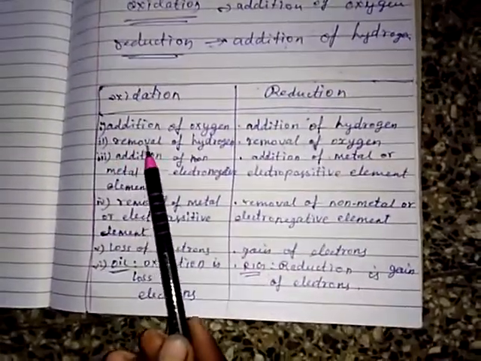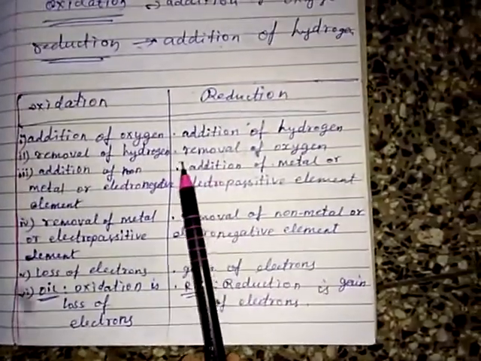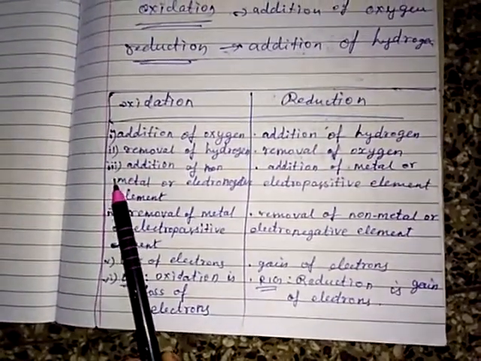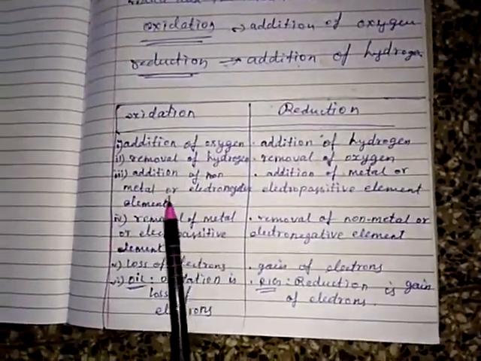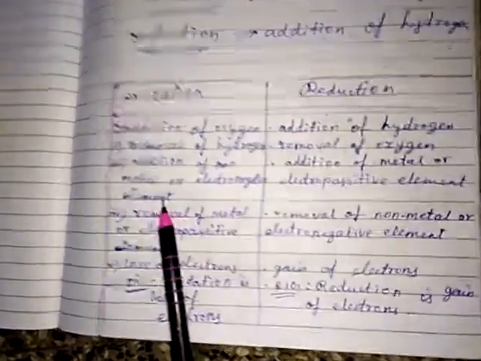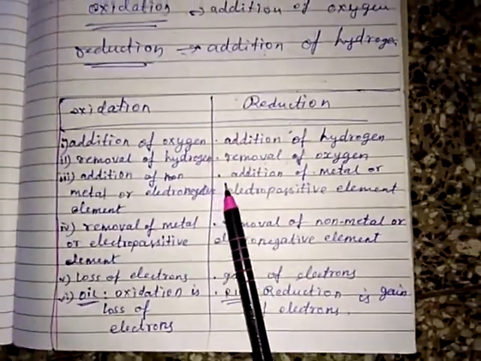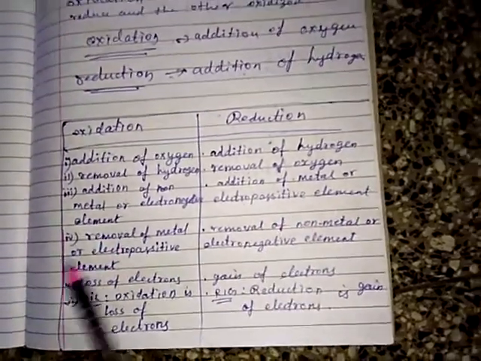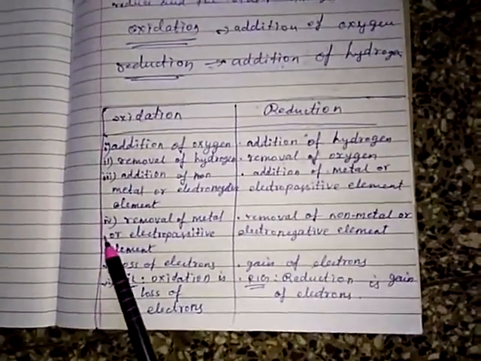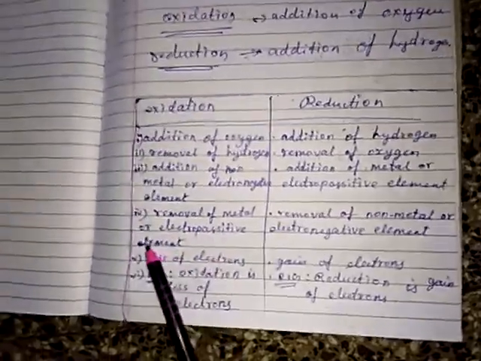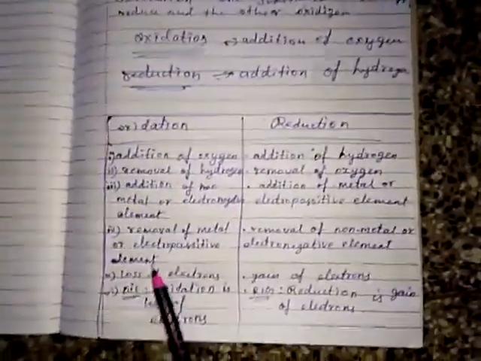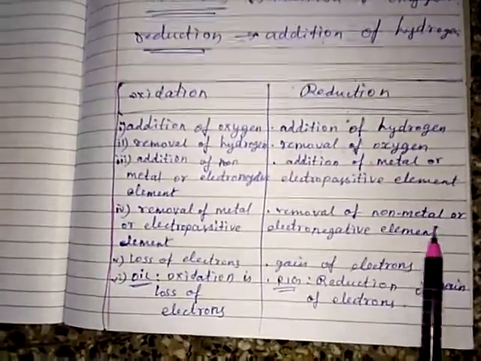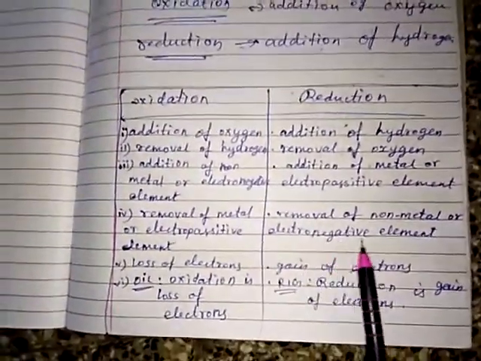Second, oxidation is removal of hydrogen, and reduction is removal of oxygen. And the third point of oxidation, addition of a non-metal or electronegative element. Similarly, the third point of reduction, addition of a metal or electropositive element. Then the fourth point of oxidation, removal of a metal or electropositive element. Fourth point of reduction, removal of a non-metal or electronegative element.